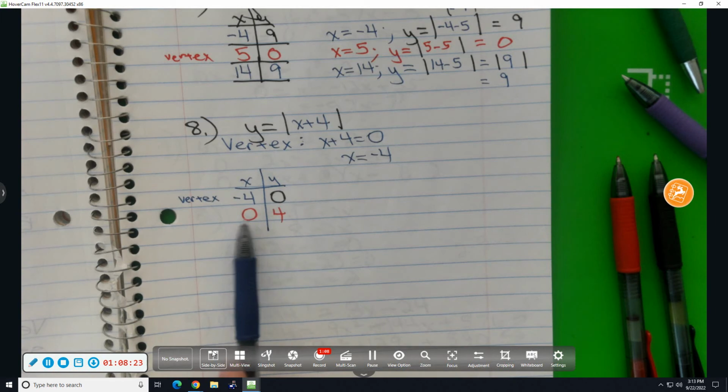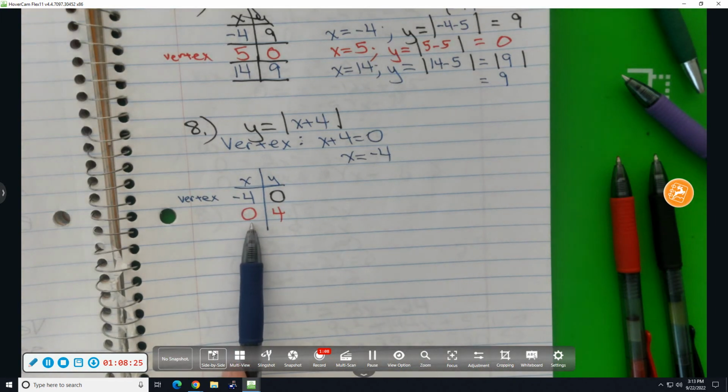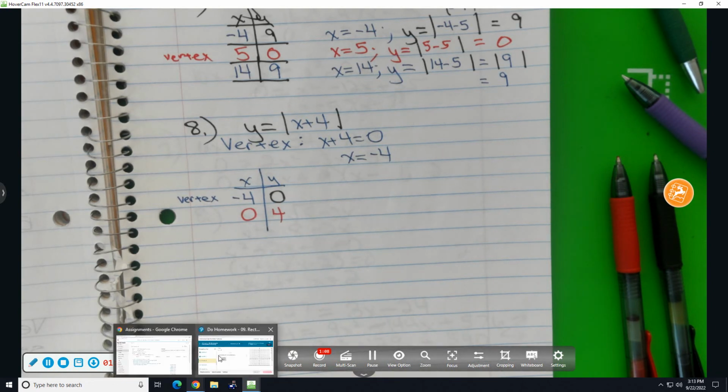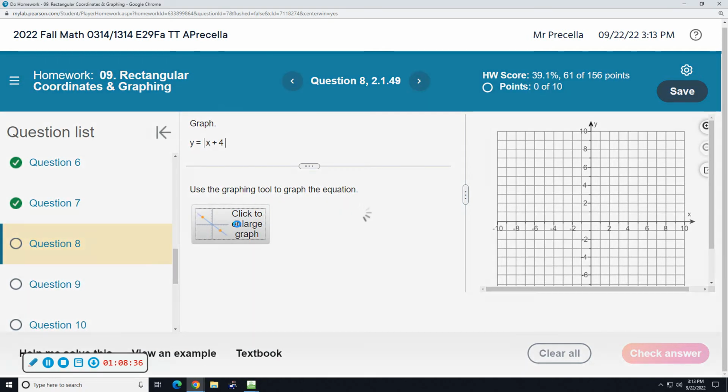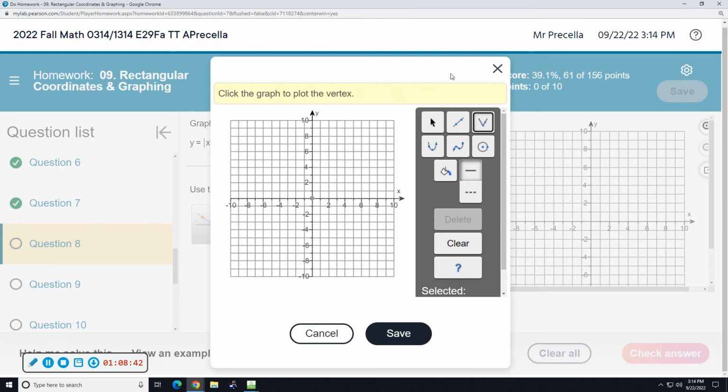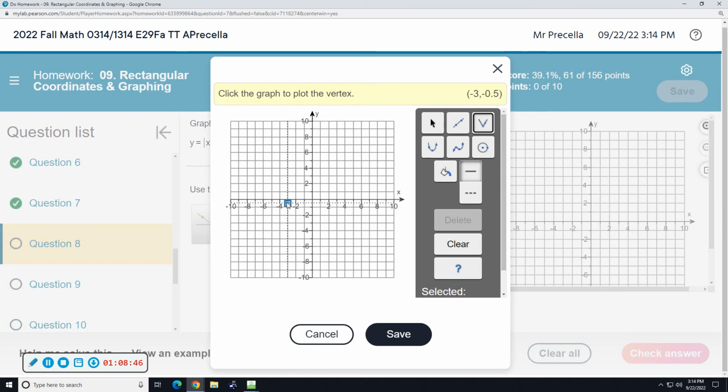I found the vertex, and then just any other secondary point that'll fit on the grid that they give you. So, no table to enter. We click another V. It's an absolute value. And once again, they want you to plot the vertex first. That's negative 4, 0.